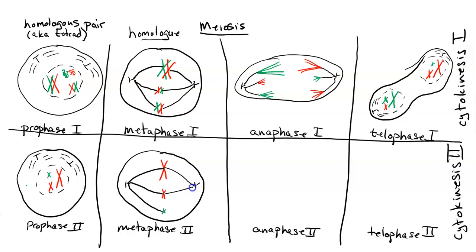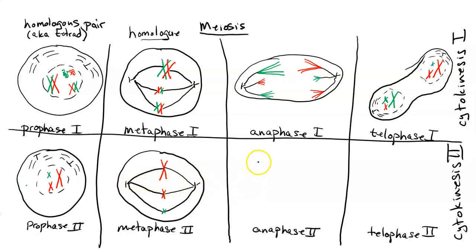So in metaphase, you need to write down two things. The chromosomes line up single file, and spindle fibers connect the centrioles to the centromere on both sides of the chromosome.